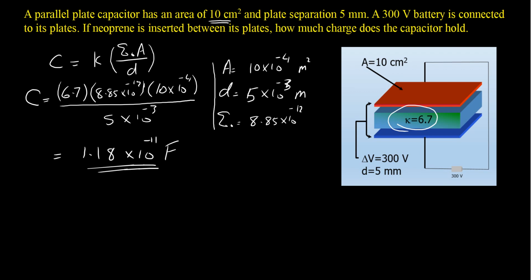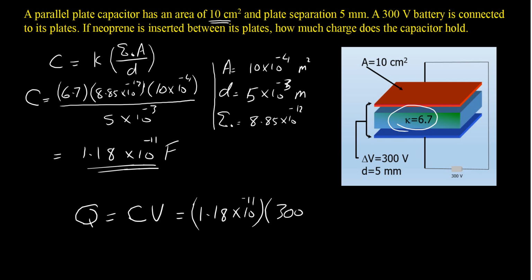That will be the capacitance of this capacitor, but the question is asking for how much charge. Now, how much charge can be stored in this capacitor? Once again, we know the Q will equal the capacitance multiplied by the voltage. Now, I do have the capacitance, 10 to the power minus 11, and the potential difference across the two plates was 300 volt.